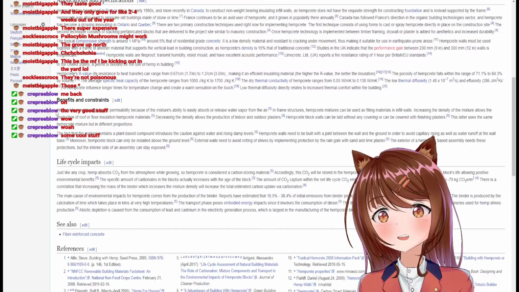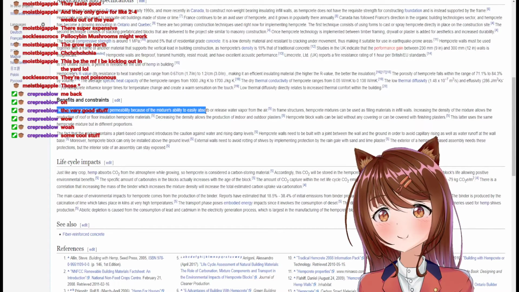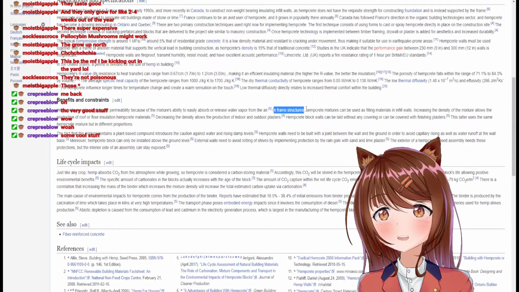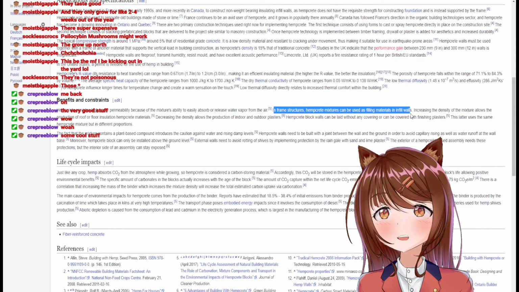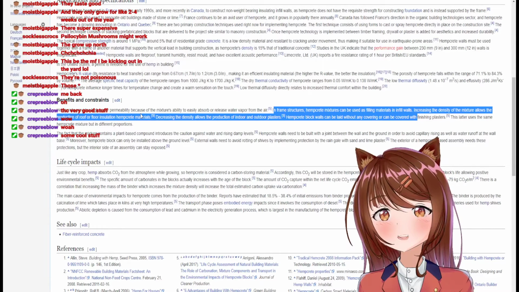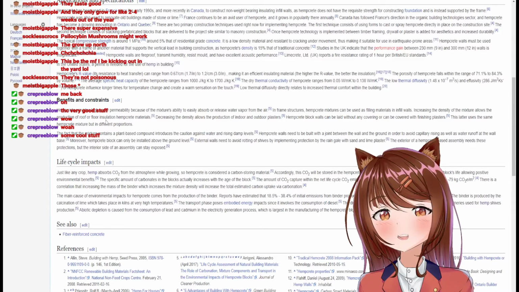Benefits and constraints. There we go. Hempcrete provides high vapor permeability because of the mixture's ability to easily absorb or release water vapor from the air. In frame structures, hempcrete mixtures can be used as filling material in infill walls. Increasing the density of the mixture allows the production of roof or floor insulation hempcrete materials.